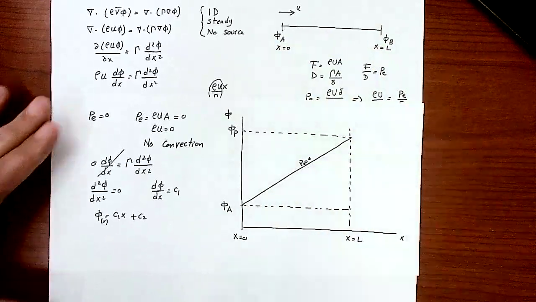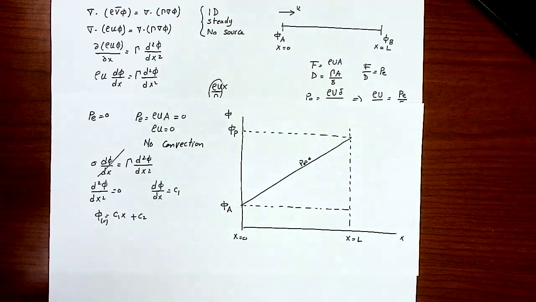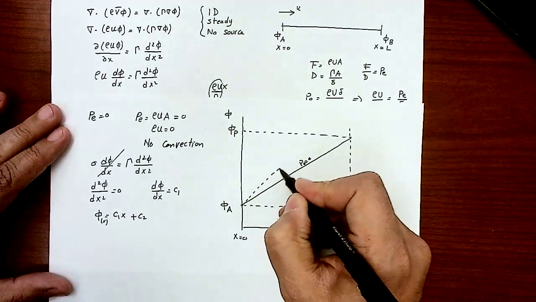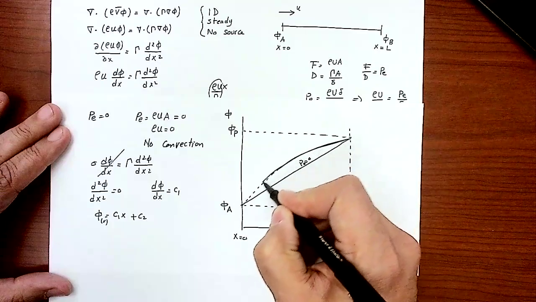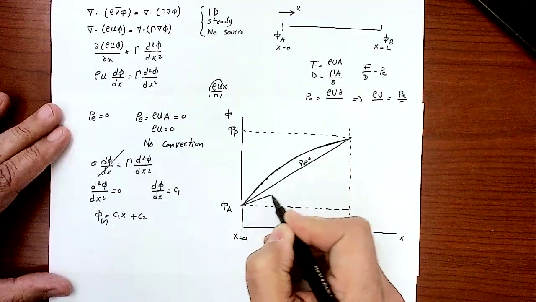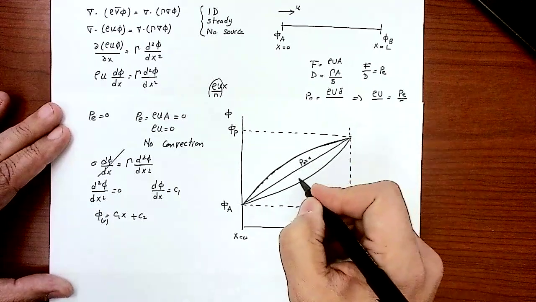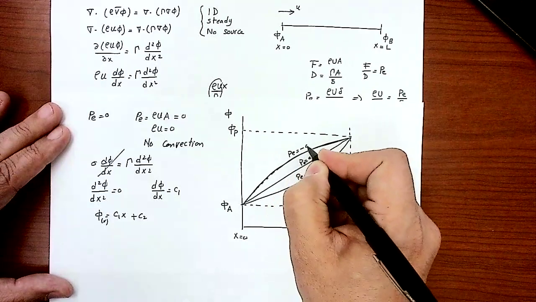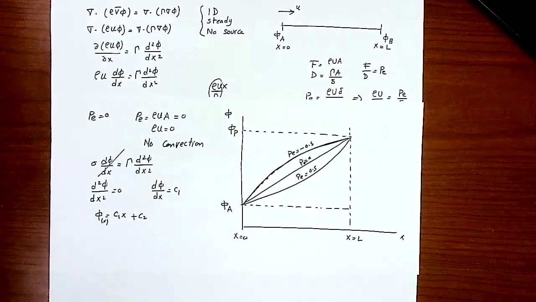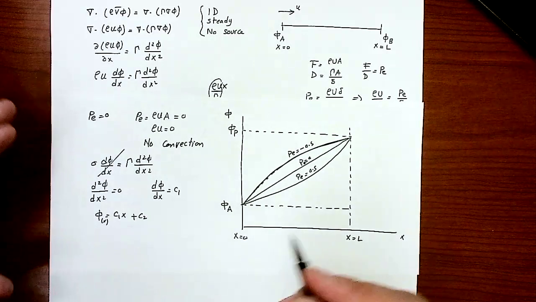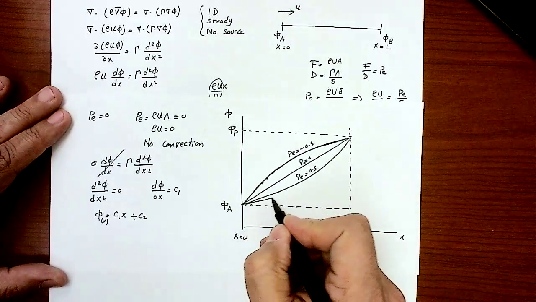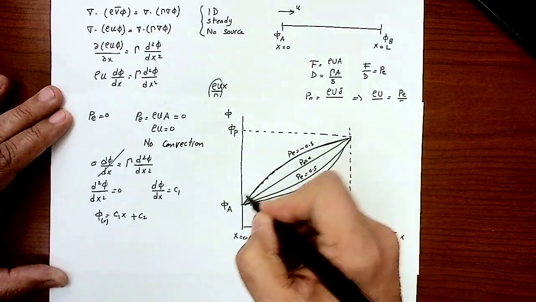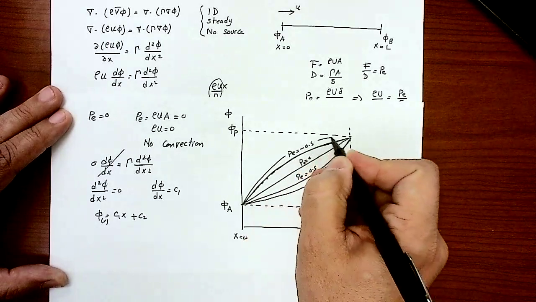If you increase the Peclet number a little bit, you will find that your solution becomes something like that. Let's draw that solid line here. Say this is Peclet number equal to 0.5, and this is Peclet number equal to minus 0.5. You'll get a symmetric solution. The higher the value of the Peclet number, say this is Peclet equal to 1 and Peclet equal to minus 1 here.